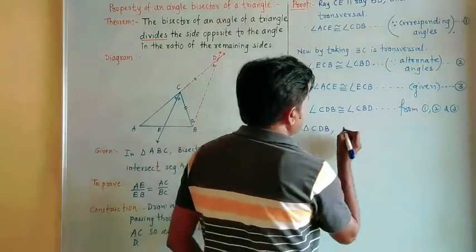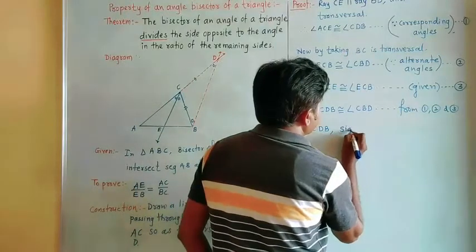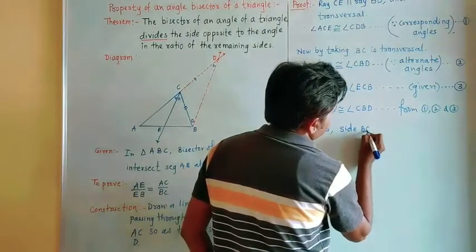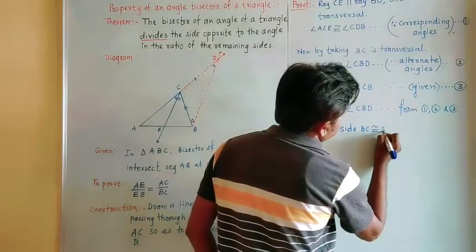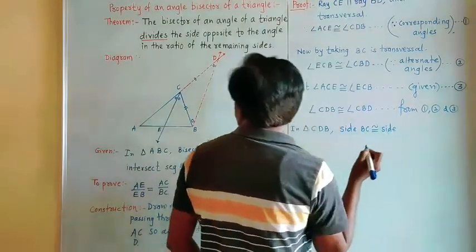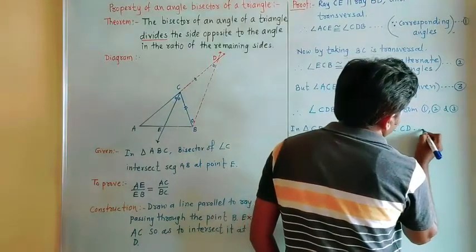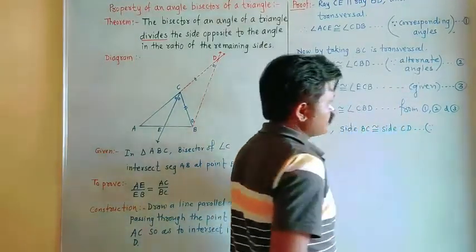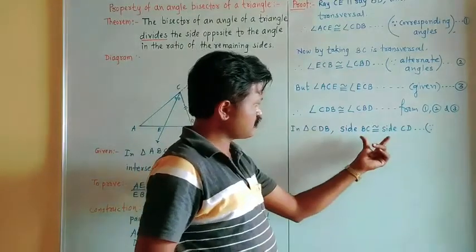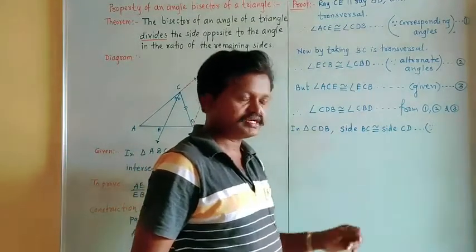Now we want the reason. What is the reason? Because these are congruent sides opposite to congruent angles.